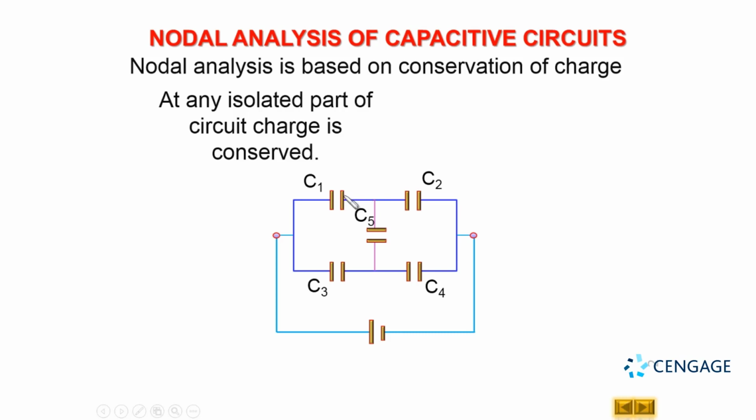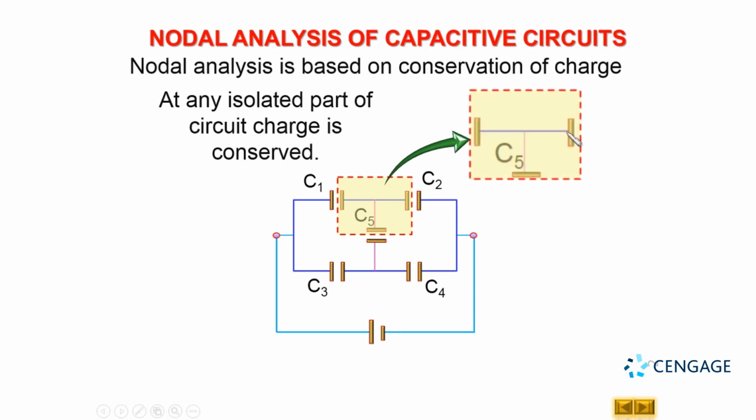That means they are isolated, they are connected together. So we can say this system of 3 plates forms an isolated system.